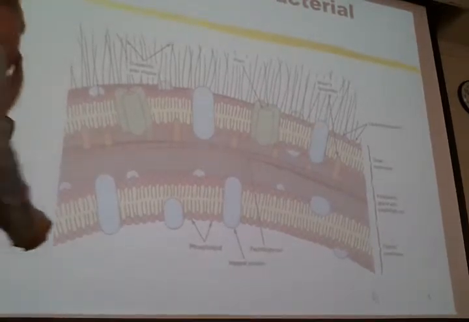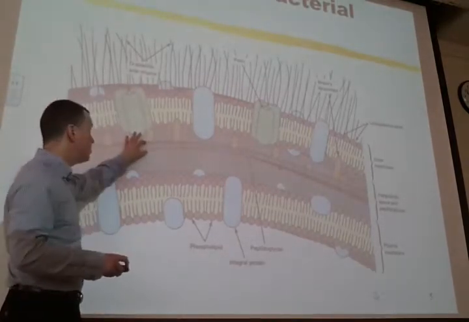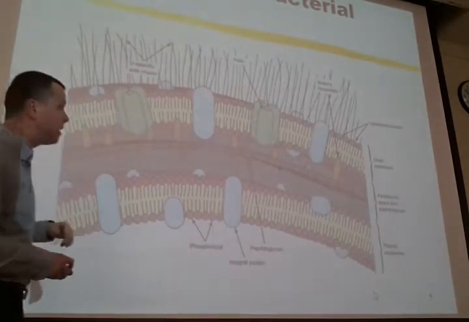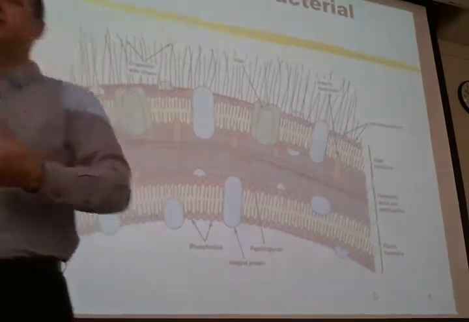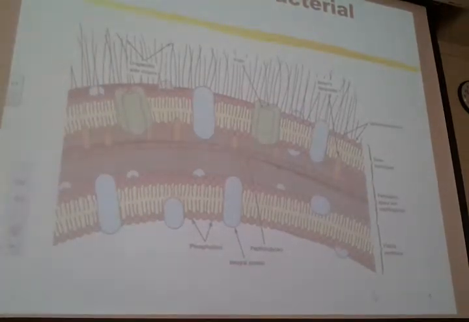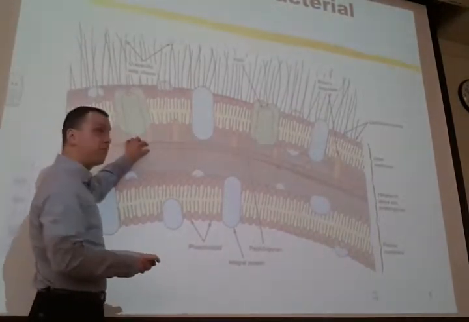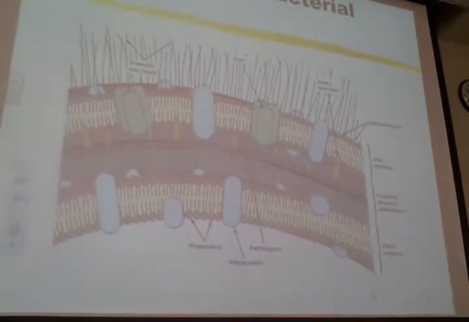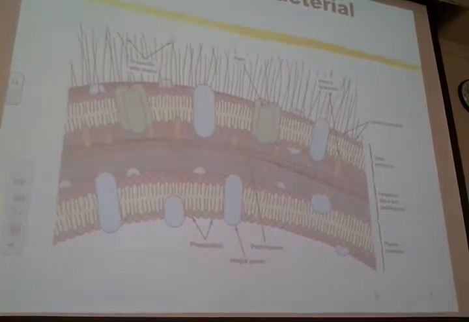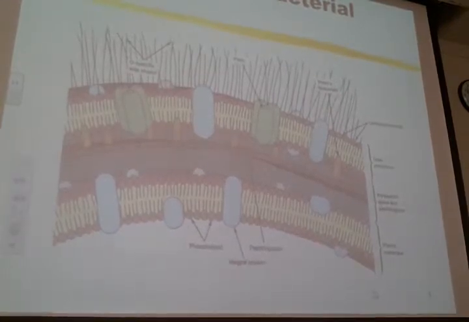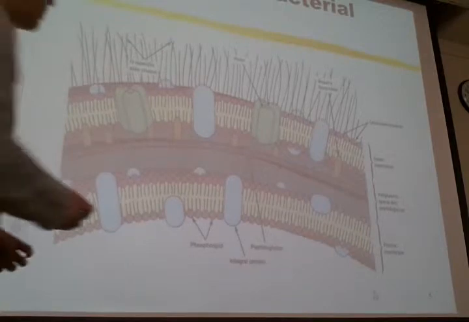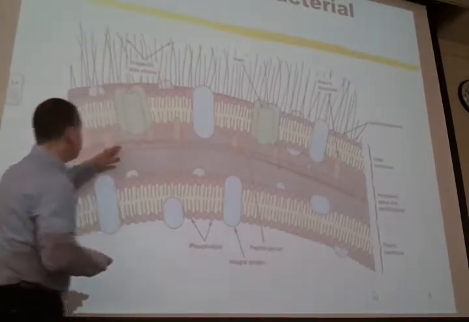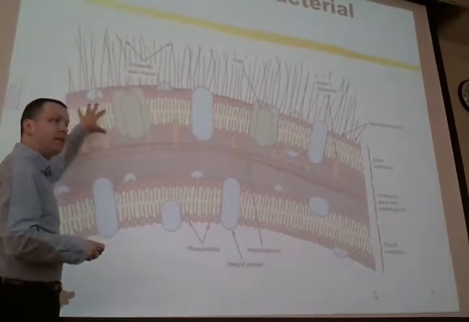Now, there is another difference in addition to the thinner nature of it, and I think it's because it's thinner. There is no teichoic acid or lipoteichoic acid in the gram-negative situation, probably because it's thinner, so it doesn't need as much structural reinforcement. Okay, but otherwise, it is just the thinner version, for the most part, of the gram-positive situation. The really big difference is this.